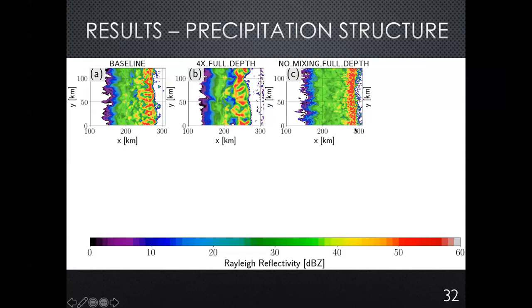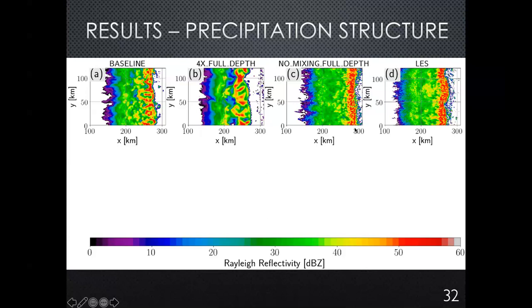And this is really interesting because if we look at the LES, it actually produces a structure that is most similar to the LES. There are a lot of results indicating that, despite the attempts to introduce stochastic mixing, no mixing in the horizontal is actually producing more favorable results in most of my simulations.